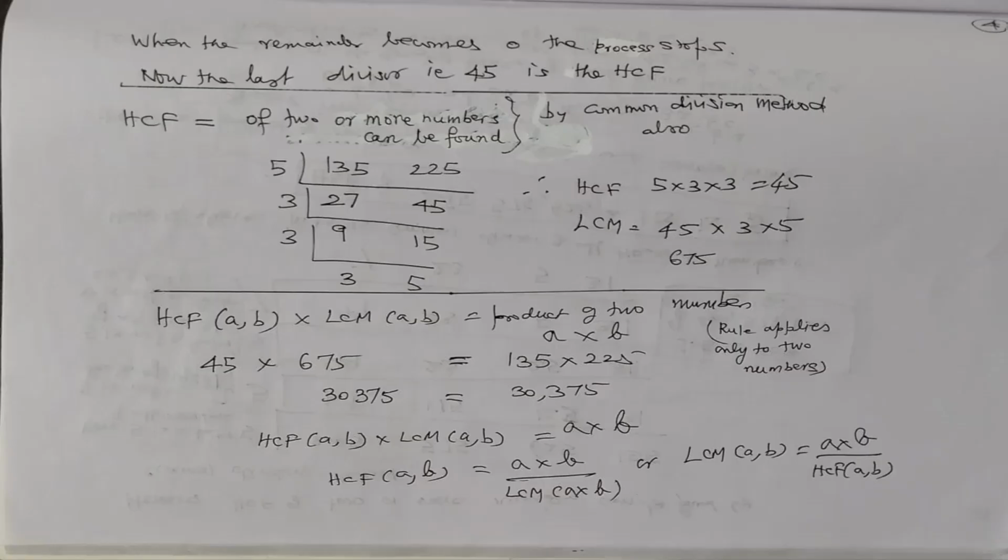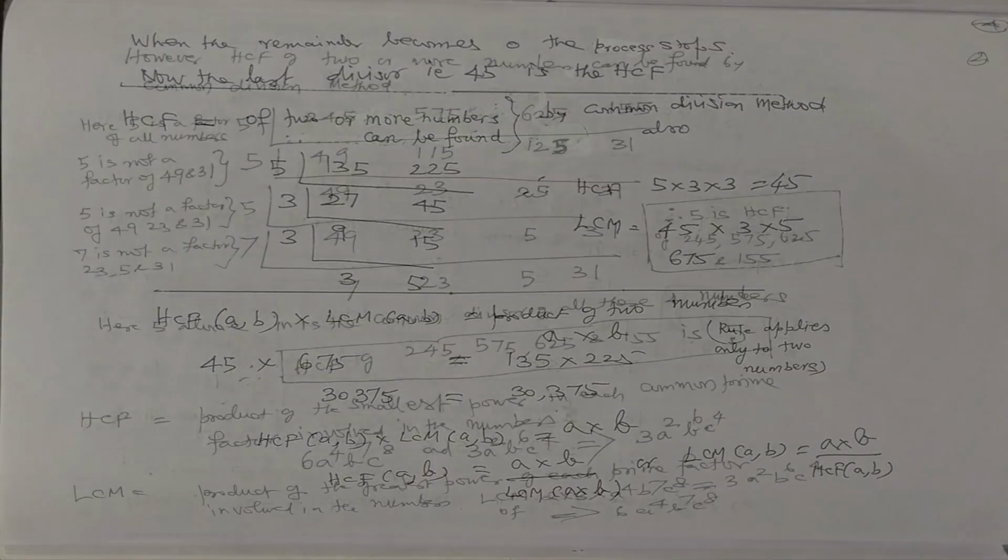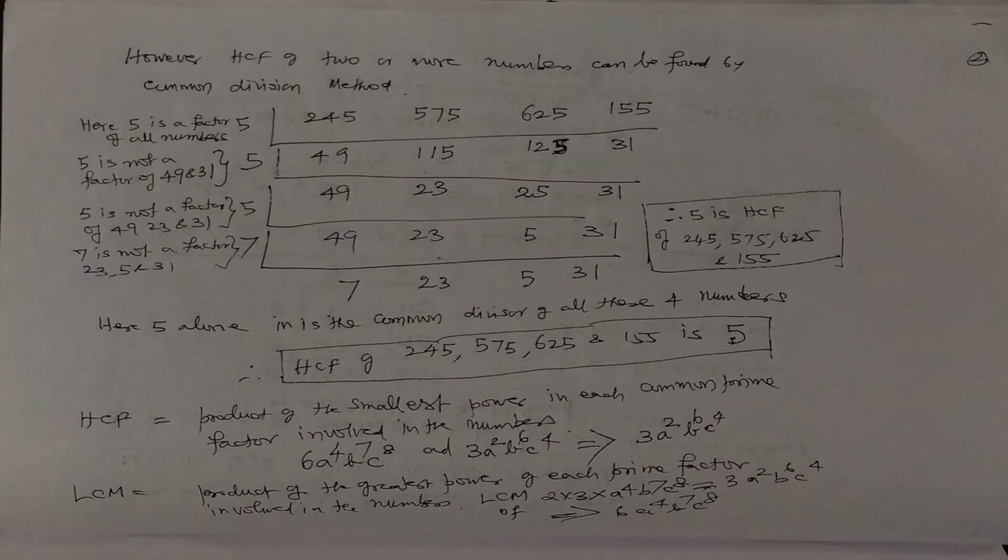When Euclid division lemma could find HCF of only two numbers, we can find HCF of multiple numbers by common division method. HCF of 245, 575, 625 and 155 can be found by the common division method.